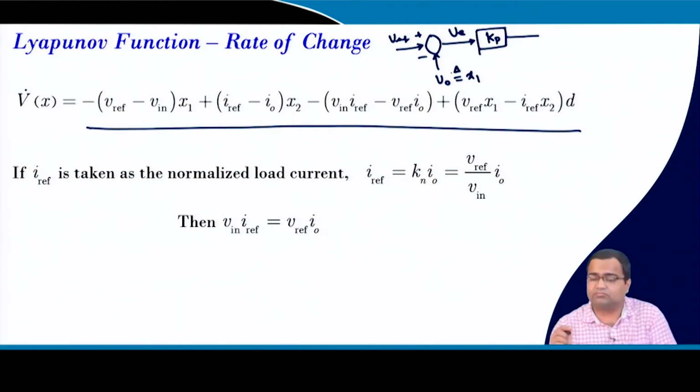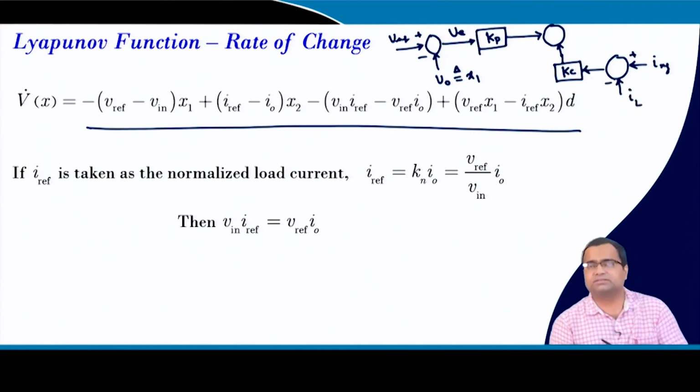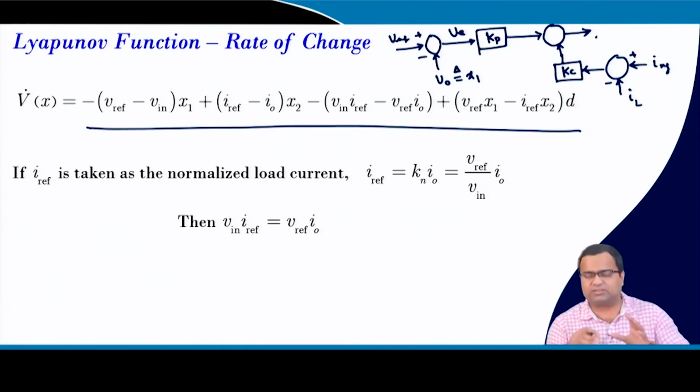Then this is added with two things: this is a voltage loop gain, this is Kc, the current loop gain, and that is coming with one being our I ref, which is plus, and another being IL, which is minus. And this whole thing is my control current, and that is compared with the sawtooth waveform.